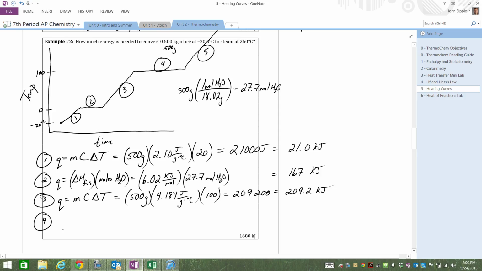Step number 4. Almost there. At step number 4, this plateau, we're boiling, right? So we use the delta H of vaporization times moles of water.